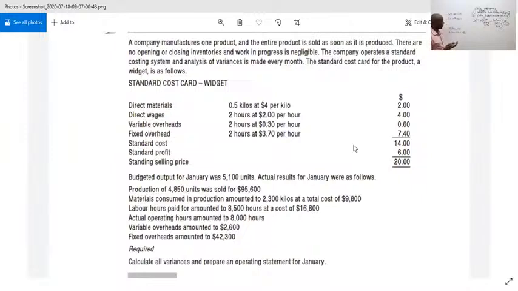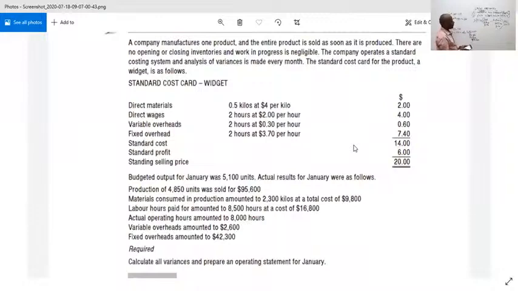The standard selling price is 20. And then we have the actual quantity sold. From the actual information, the actual production was 4850 units. And we are told that the total sales revenue equals $95,600.